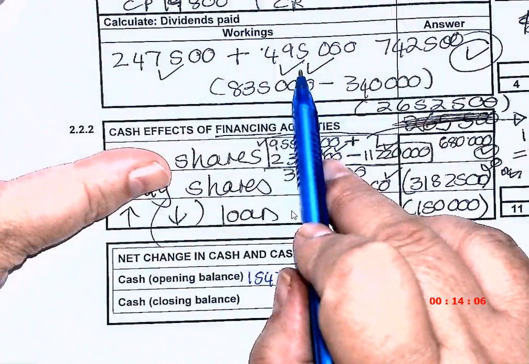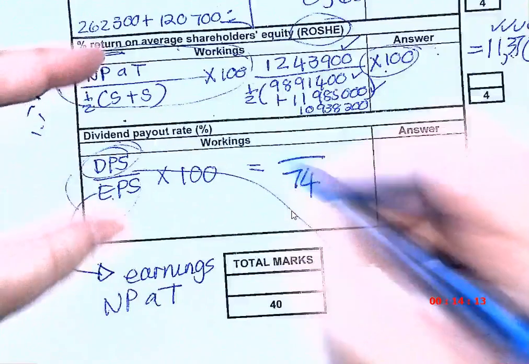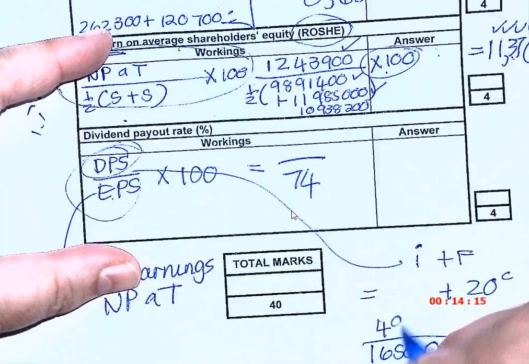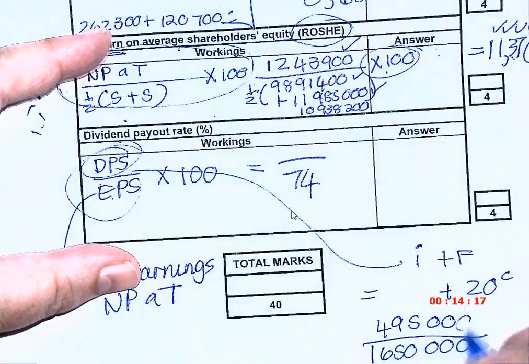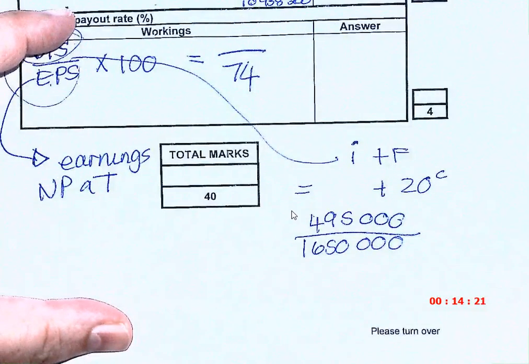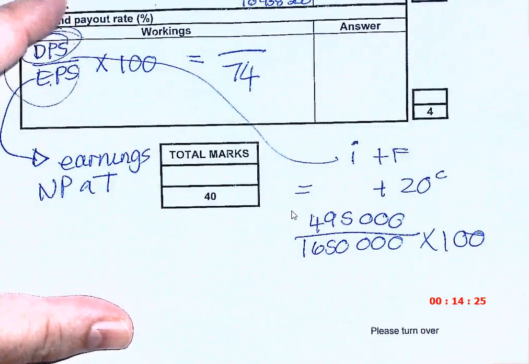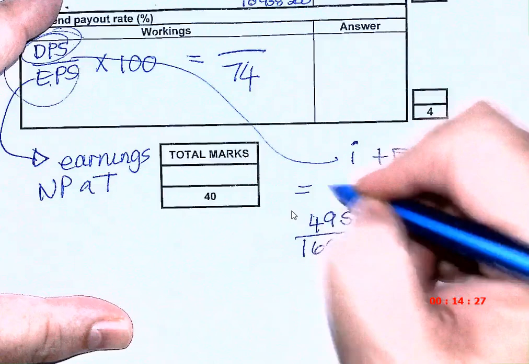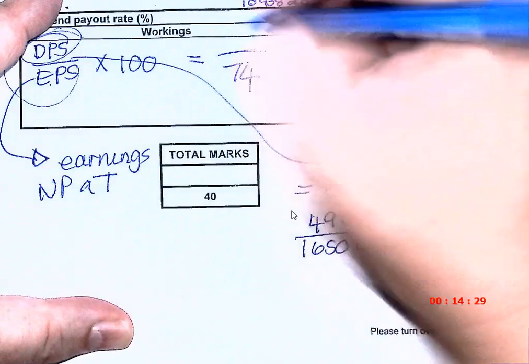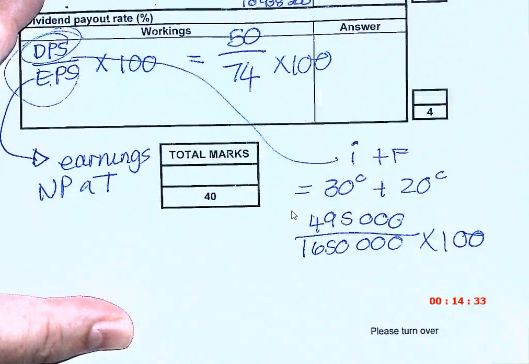The 495. Isn't that right? The 495. So what is the dividends then? Times 100? 30. So this would be 50 over 74 times 100, and that gives you?